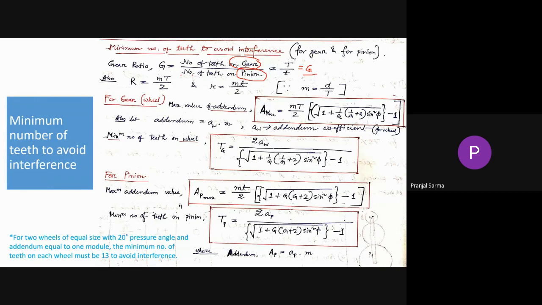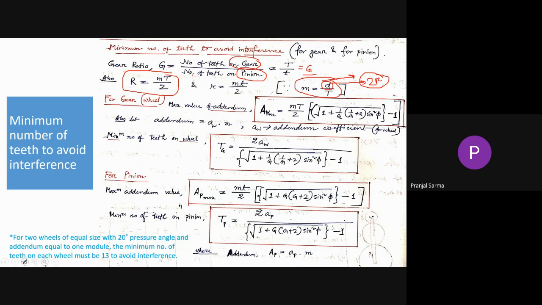Also, you know R equal to mt by 2, because module equals D by T. D is the pitch circle diameter, which is nothing but 2 times the radius. So from there we can write R equal to mt by 2.